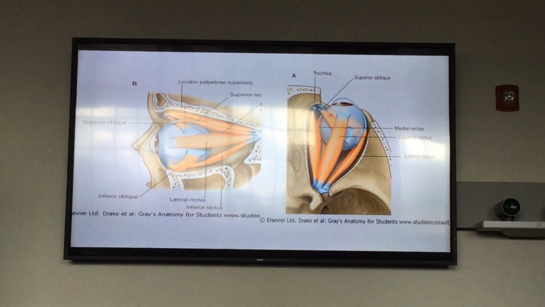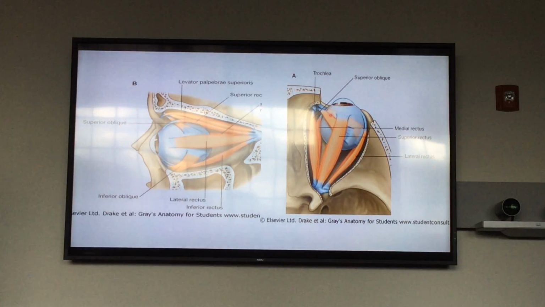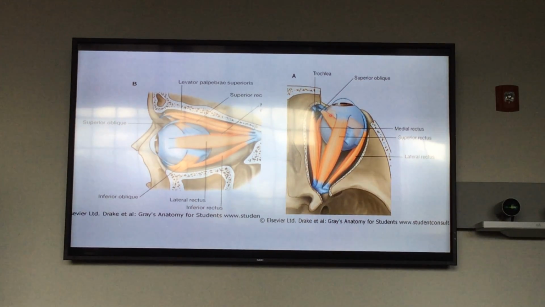Now, why is this important? We have 3 cranial nerves that basically do the muscles of your eye. The superior oblique is innervated by the trochlear nerve, number 4. The lateral rectus is innervated by the abducens nerve, cranial nerve number 6.